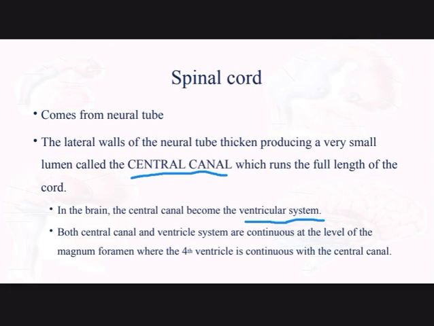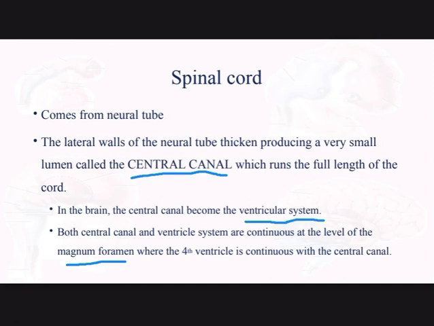We have four ventricles. Both the central canal and the ventricle system are continuous at the level of the median foramen, where the fourth ventricle continues with the central canal, meaning the last part of the brain with the beginning of the spinal cord.